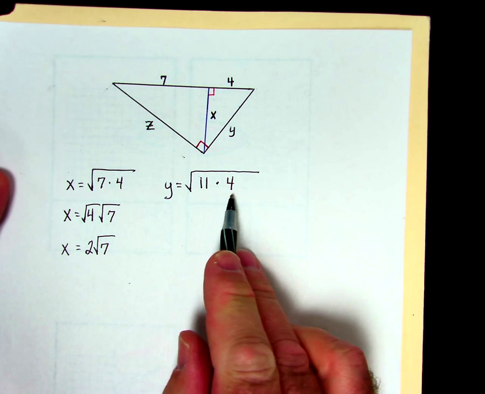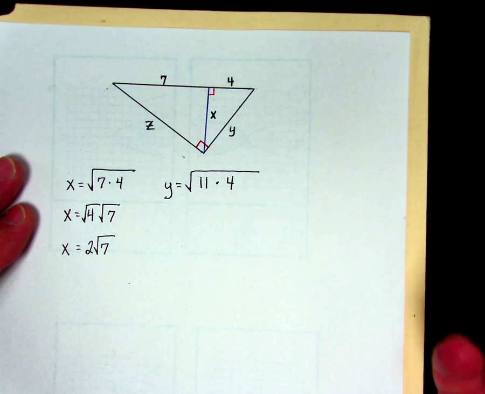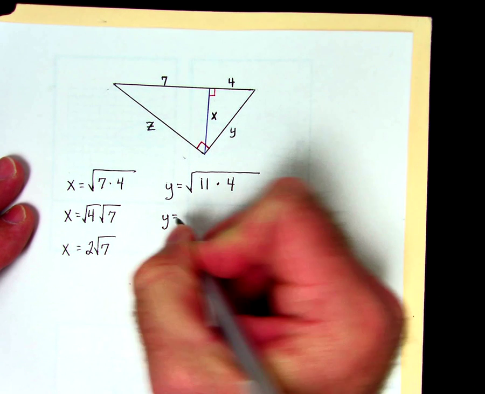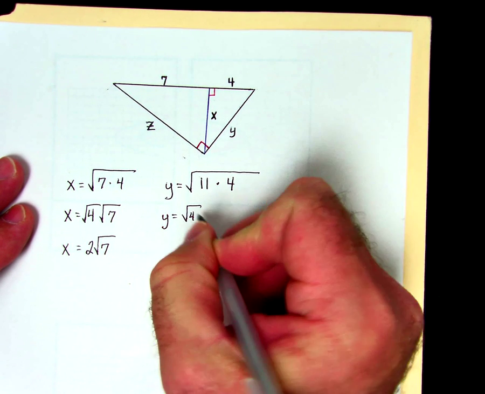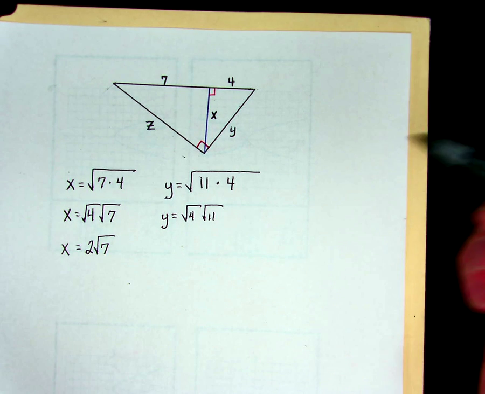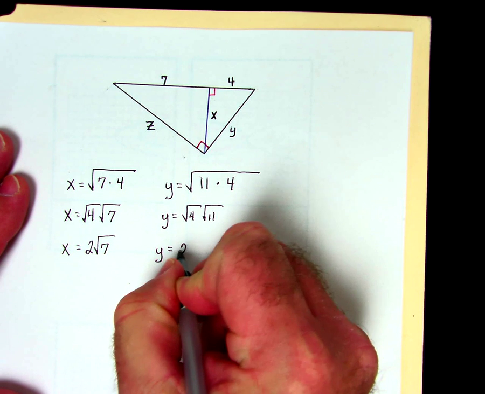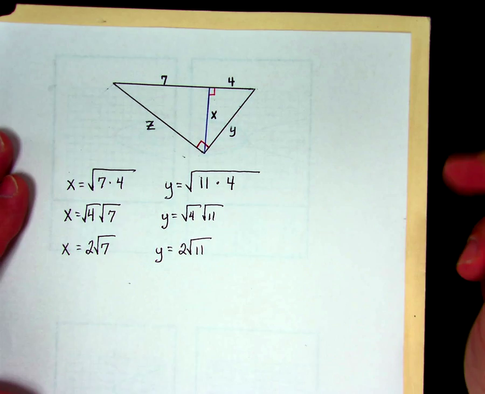Again, I could multiply those together so we'd have the square root of 44, but 4 in this case is a square, so I can write the square root of 11 times 4 as the square root of 4 times the square root of 11. So y is going to be 2 times the square root of 11.